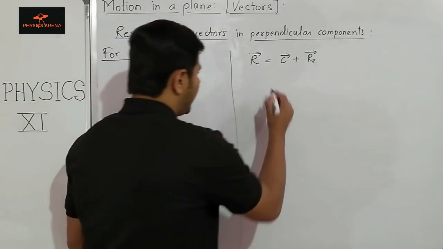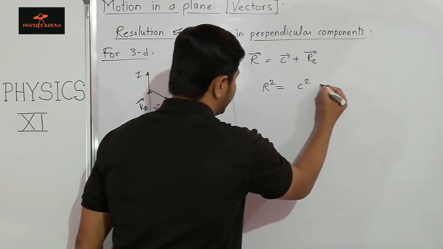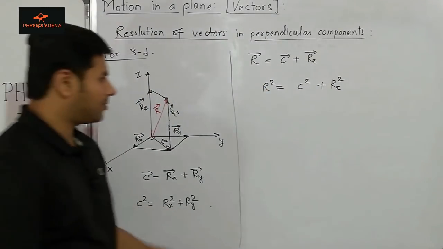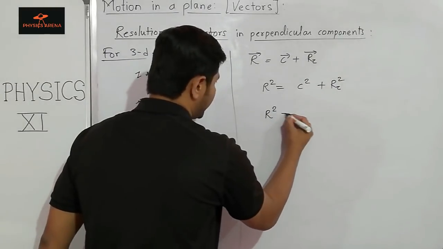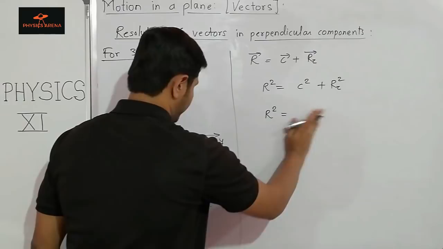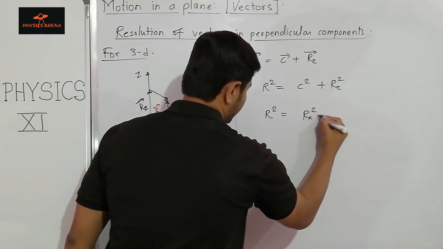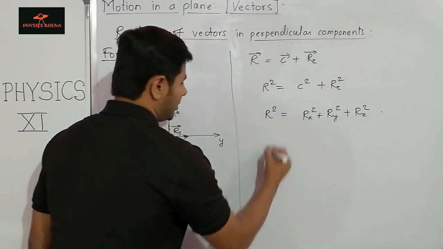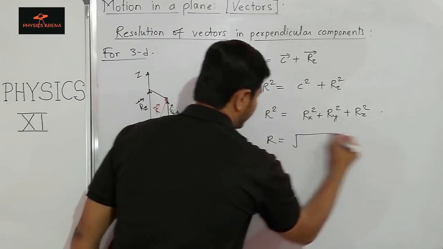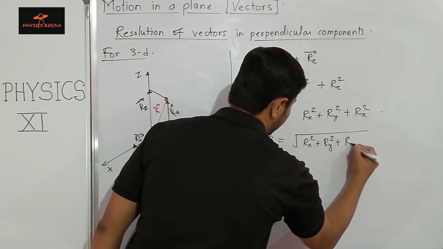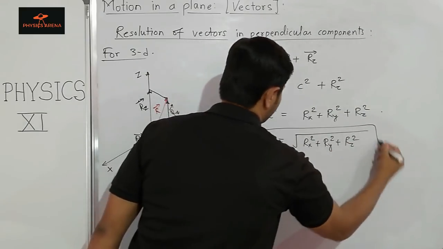So I can say R square is equal to C square plus Rz square, and C square is Rx square plus Ry square. So I have R square equal to Rx square plus Ry square plus Rz square. And therefore R is equal to square root of Rx square plus Ry square plus Rz square. This is the magnitude.